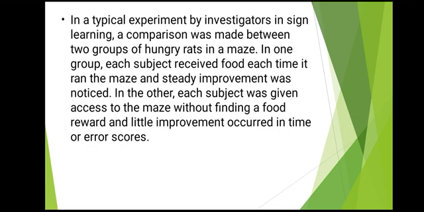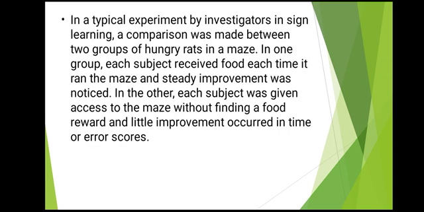So what was the main observation made by Tolman? The rats who had some signs in between to reach the goal were able to learn the right pathway very easily as compared to the group where the signs and clues were not provided.